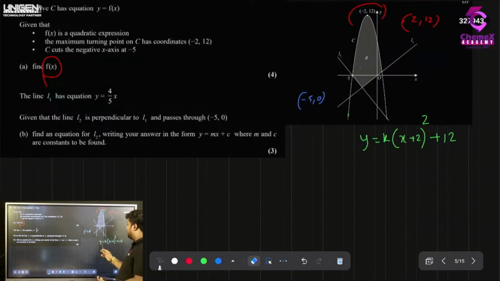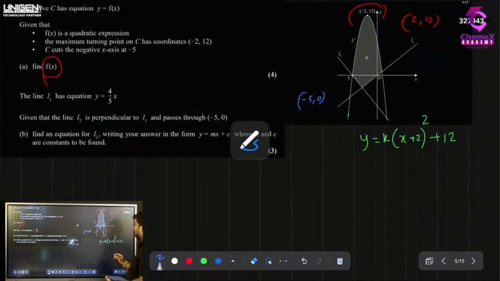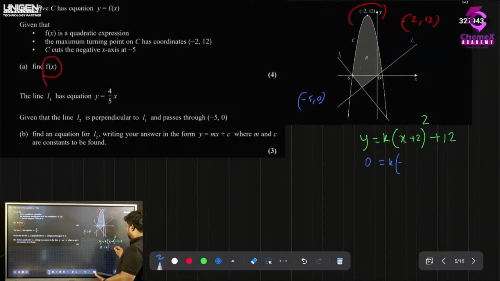If x is minus 5, y should be 0. If it doesn't tally, that means something is wrong with the equation we wrote for that particular n shape. So I am going to substitute that value I know into the equation, then divide and find that unknown term.